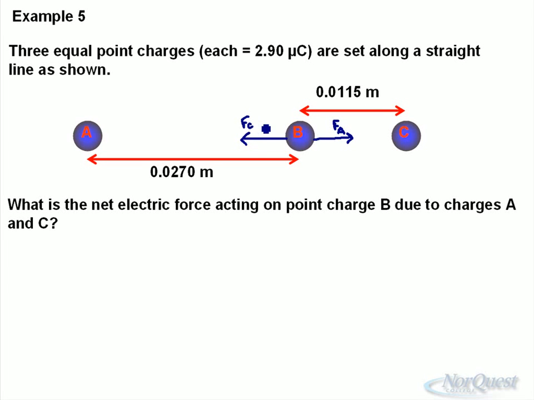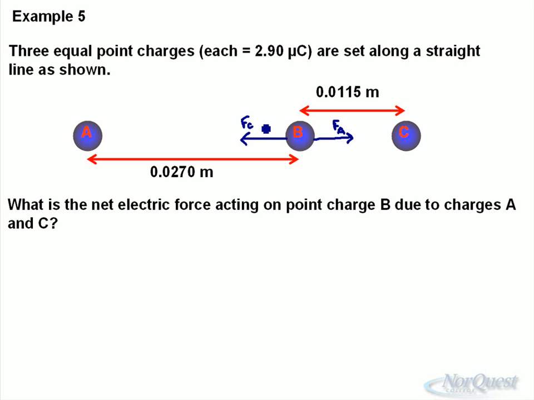So if you were going to draw magnitude and direction on B, if you fixed A and C and B was free to move, B should move a little bit to the left until it's completely balanced and stays stationary, where there is an equilibrium between those two forces. But because it's closer to C, the force from C on B should be greater.